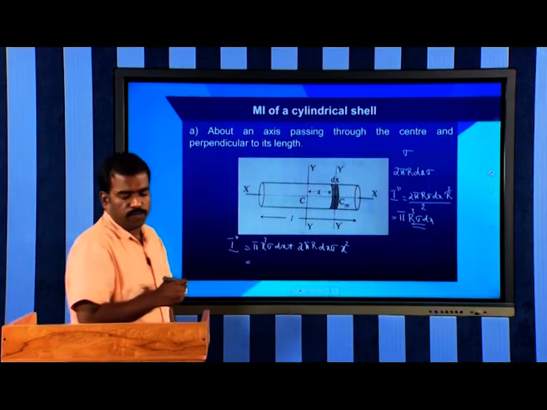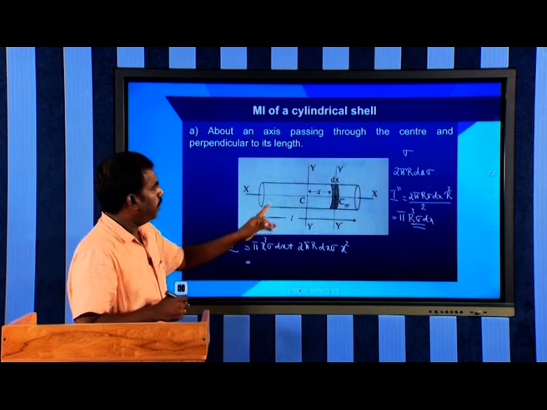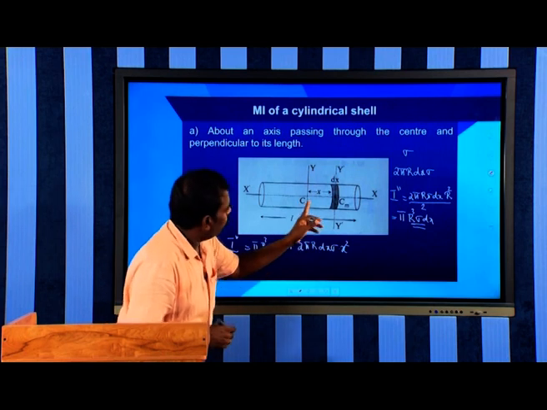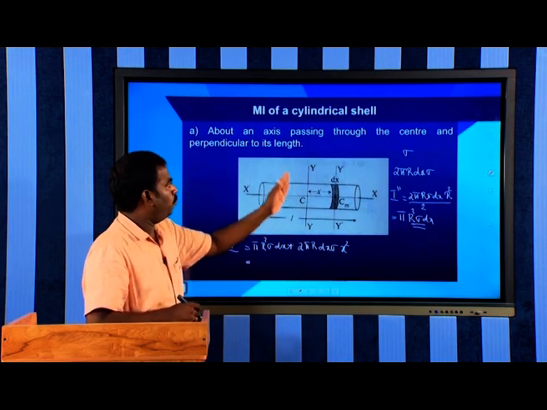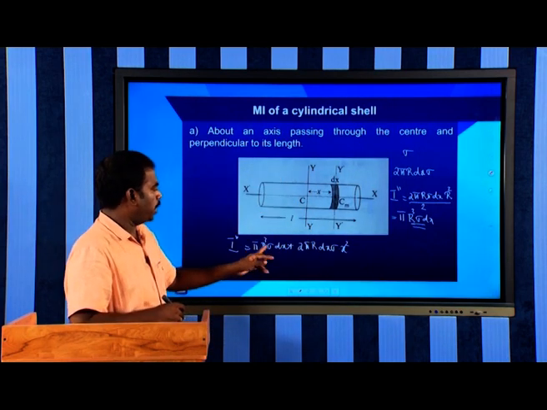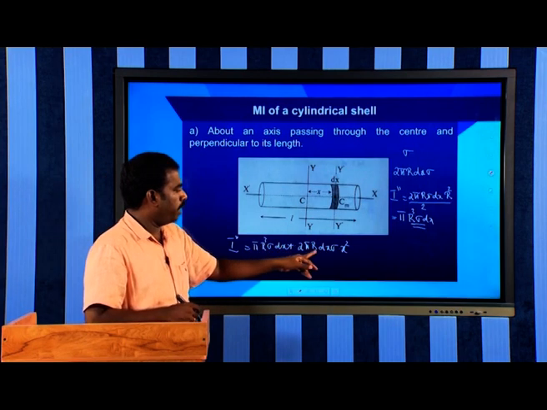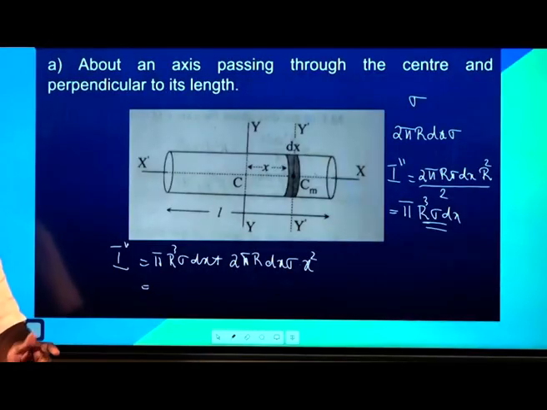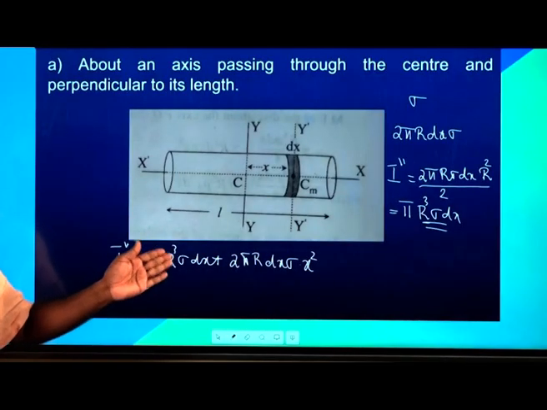So, the moment of inertia of the ring about the axis y, which is what we require, is pi r cube sigma dx plus 2 pi r dx sigma x square.